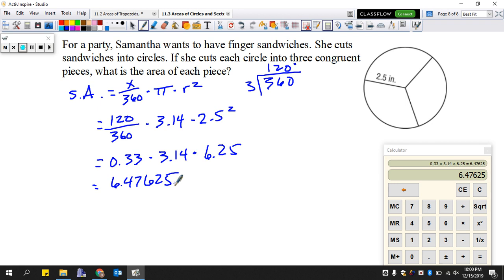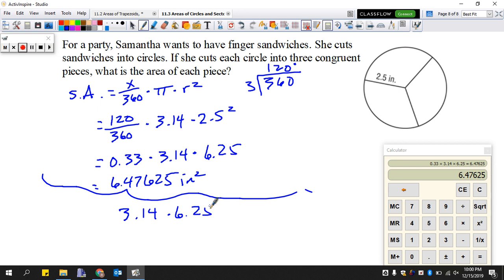6.47625 inches squared. The other way that we could have done this, we could have said this is a third, so we could have found the area of the whole circle and divided by 3. So we could have said 3.14 times 6.25 divided by 3. And when we do that, we end up with 19.625 divided by 3.